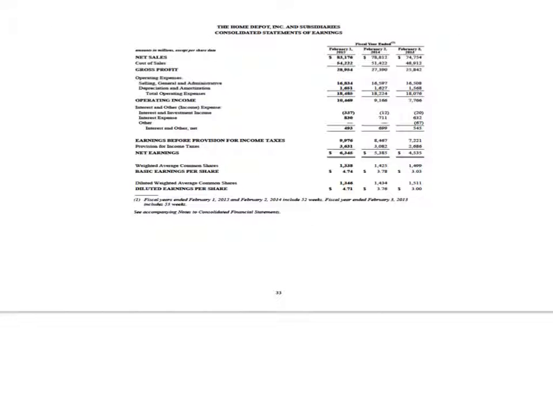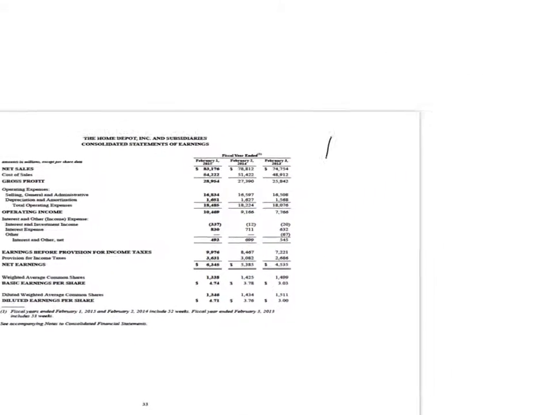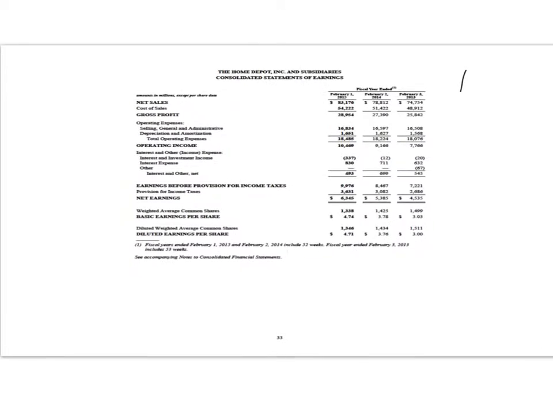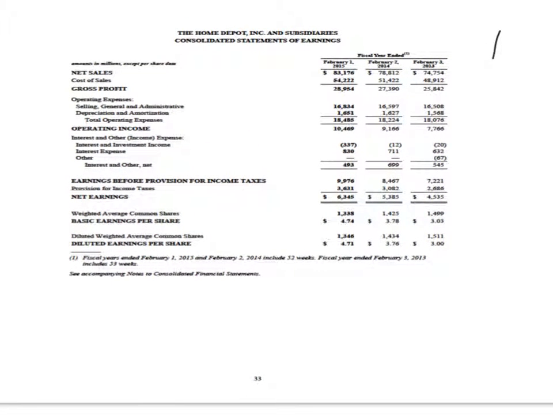So if we wanted to look at the Home Depot accounts, sorry, let me get this slide back up. Hopefully I'm able to make it a little larger for us. Using that formula, let's say we wanted gross profit. We would take the 28,954, that's the account balance, divided by 83,176.